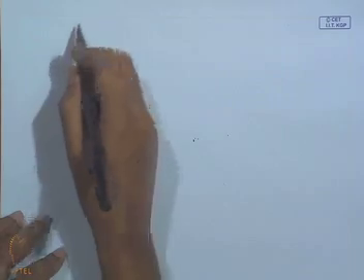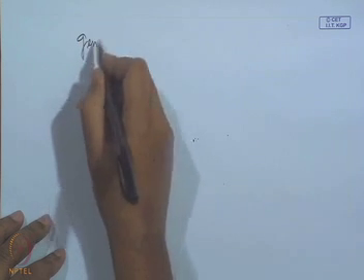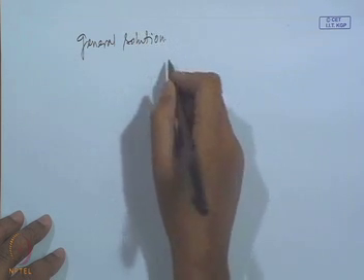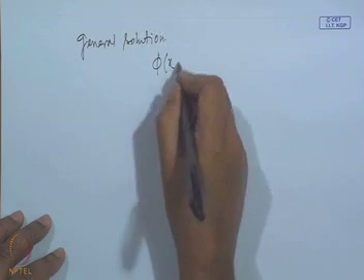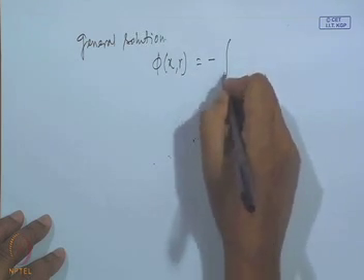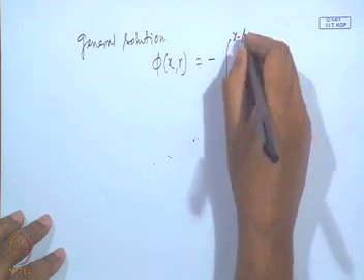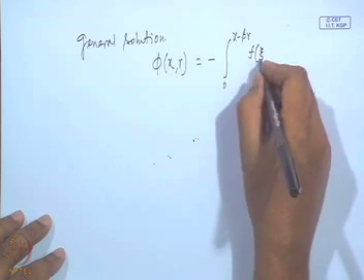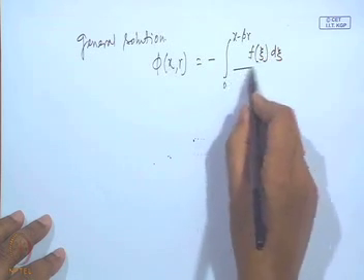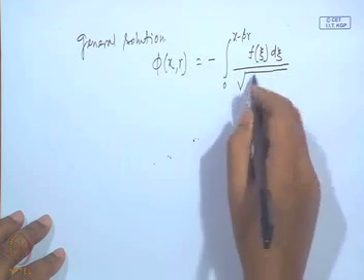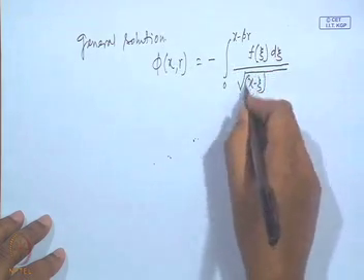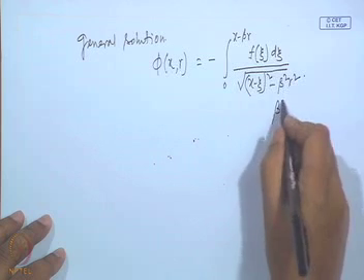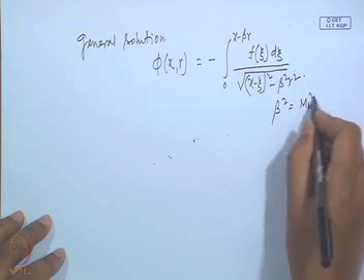Now, the general solution for this problem, as we have already evaluated, is phi equals integral from zero to x minus beta r of f of xi d xi, the source strength distribution, divided by the kernel square root of (x minus xi) squared minus beta squared r squared, where beta squared is M infinity squared minus 1.